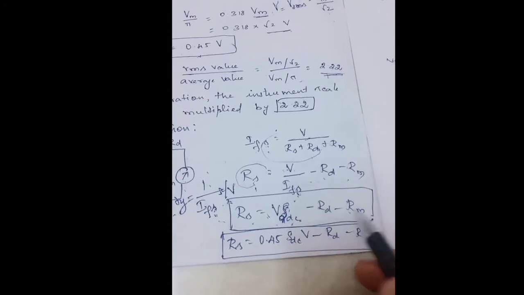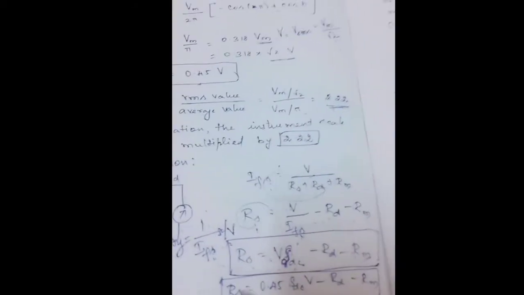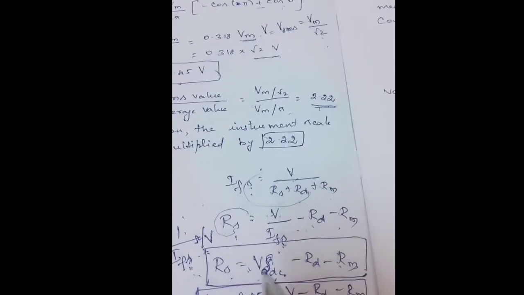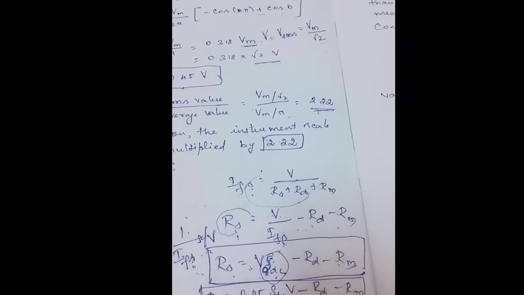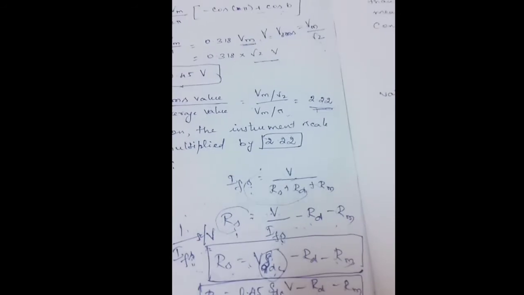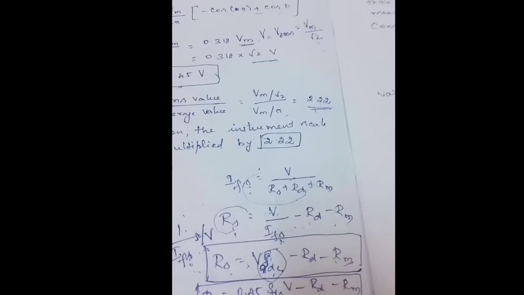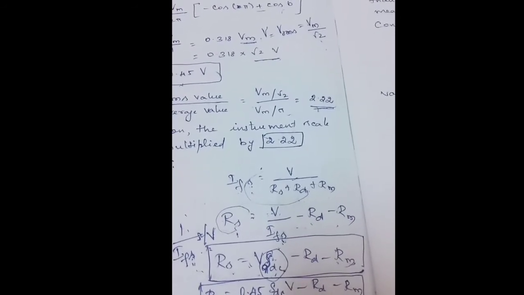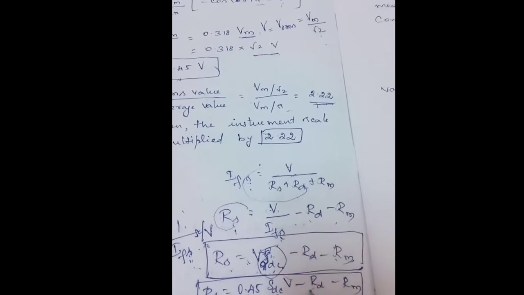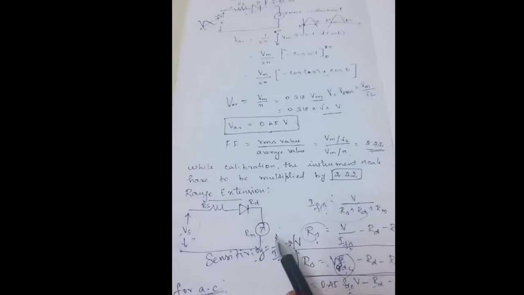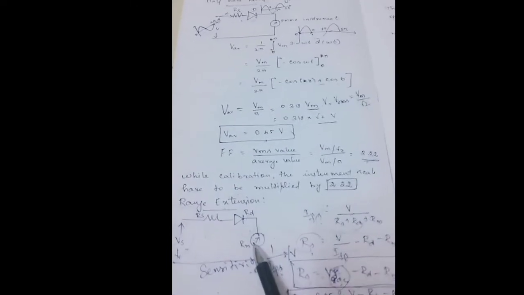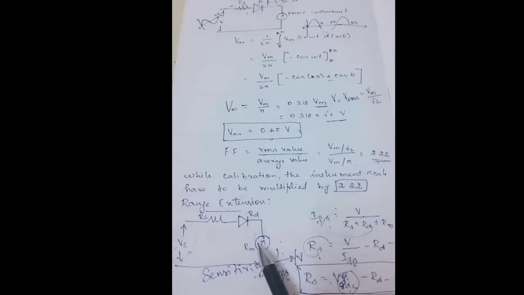When this is used for AC quantity measurement, SDC is replaced by 0.45 SAC, so SAC will be 0.45 SDC, and RS equals SAC into V minus RD minus RM. By means of this we can even increase the range of this meter for our measurement purposes.